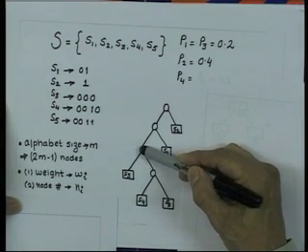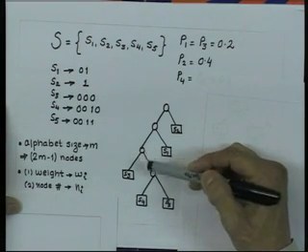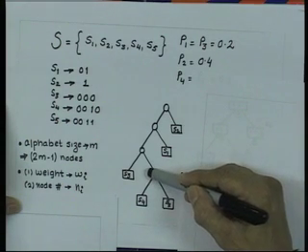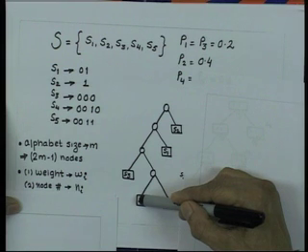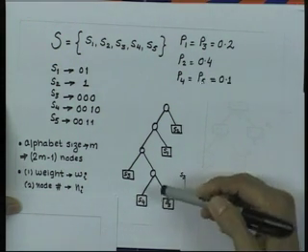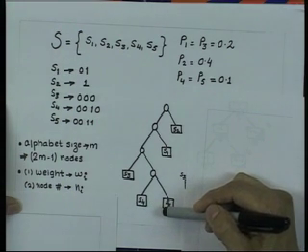Similarly, the weight of an internal node is given by the sum of the weights of its offspring. For example, the weight of this node will be the sum of the weights of S4 and S5, that is 0.1 plus 0.1 is 0.2.